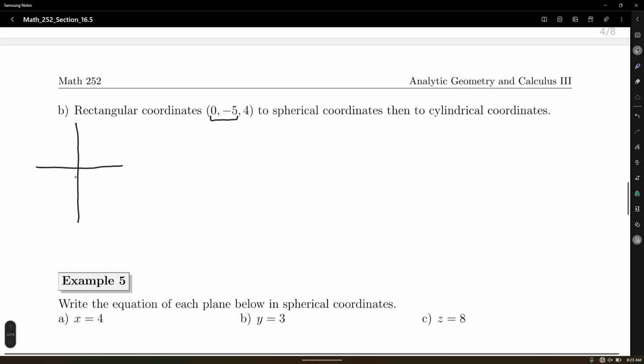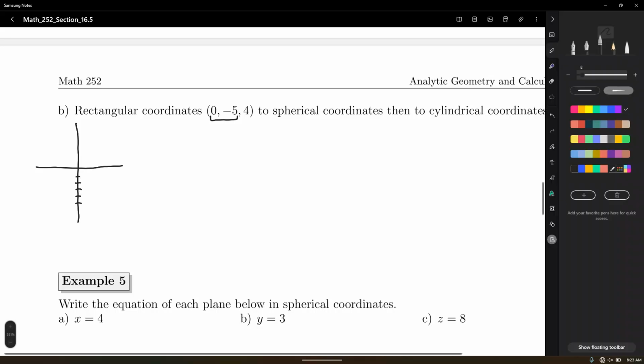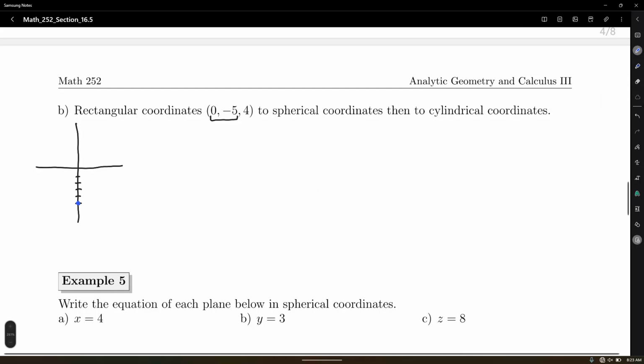So that is 1, 2, 3, 4, 5. That's 0, negative 5. That is this point right here. Okay. And I think this point is easy to convert to polar. And converting to polar will essentially be the same as converting it to cylindrical, because x and y become r and theta, and z remains the same.